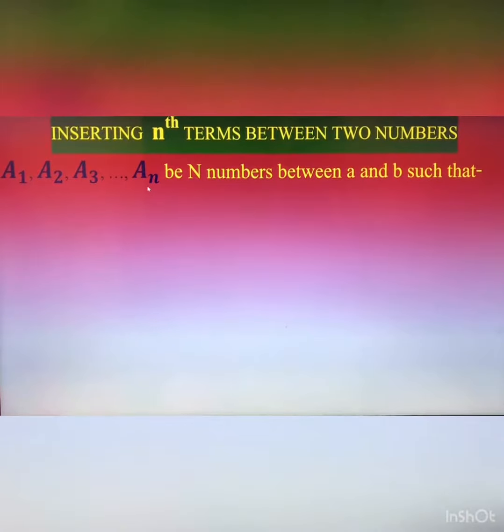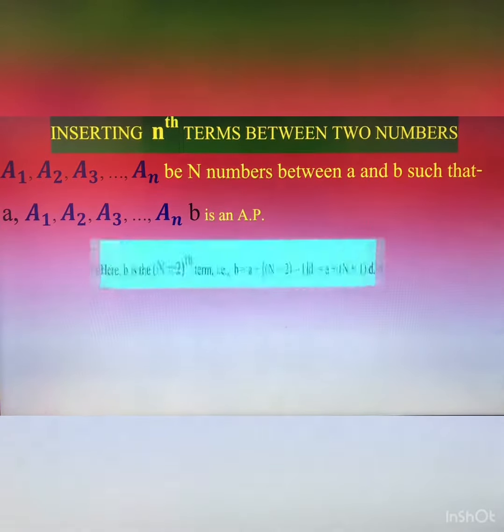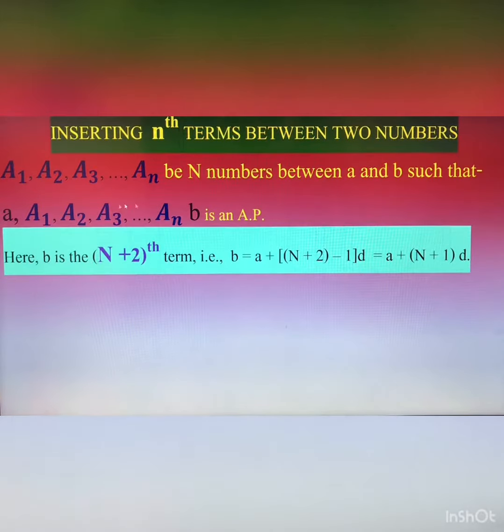Then we get a, a1, a2, a3, ..., an, b. So a and b are the two given numbers, and we insert these n numbers between them. Then the total number of terms is n plus 2, because n terms are inserted and 2 terms are already there.